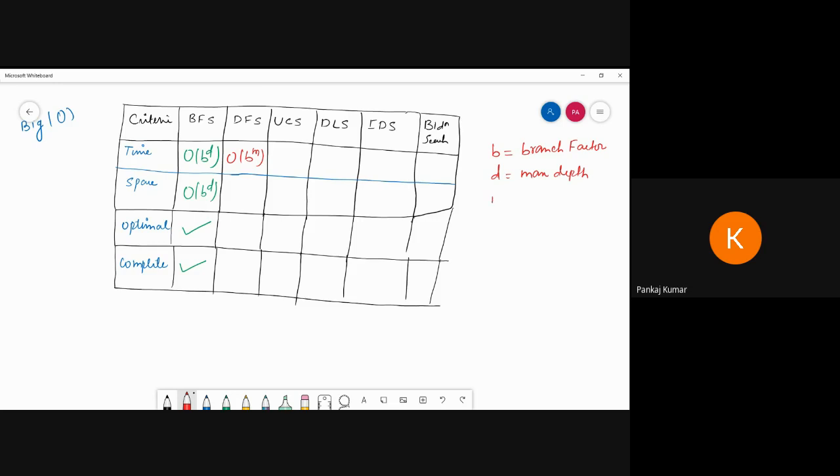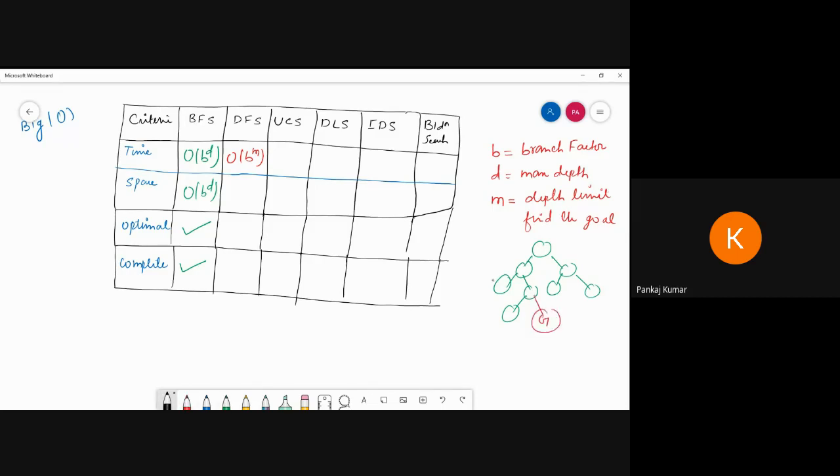Here m equals depth limit, we can fix the limit where we can find the goal. Suppose why I am writing m, take one example. Suppose your structure is like this. Now this is a tree search space, and suppose this red one is a goal.